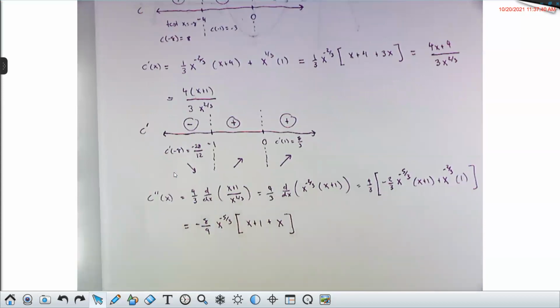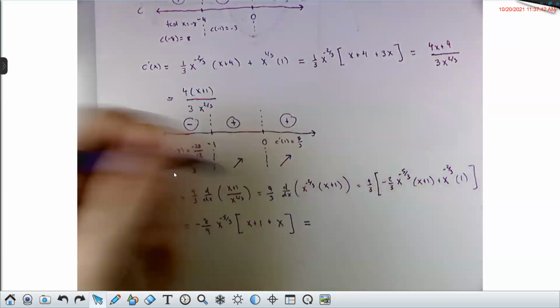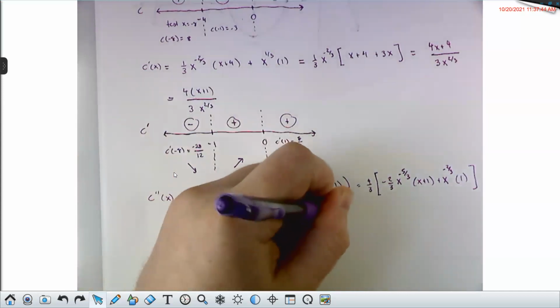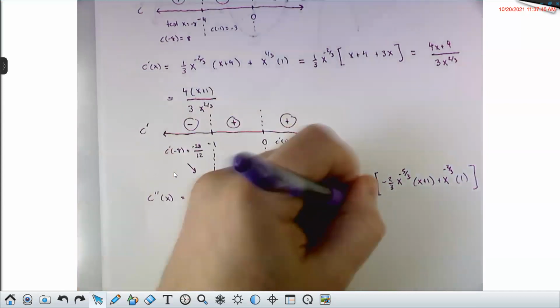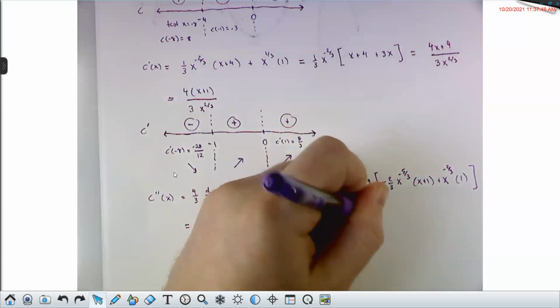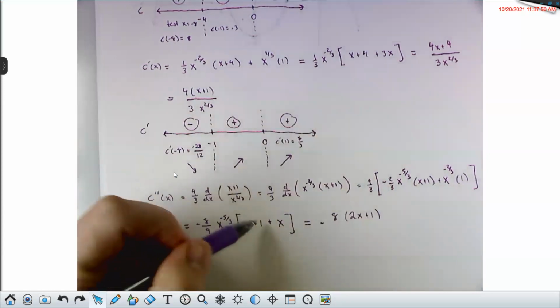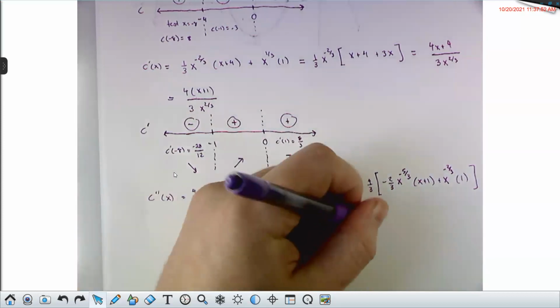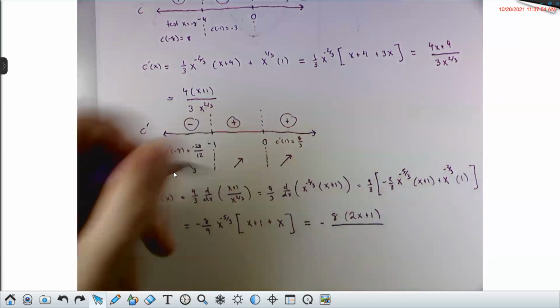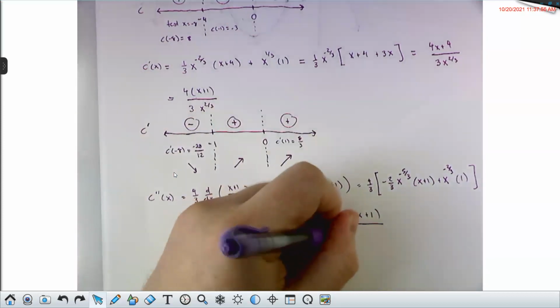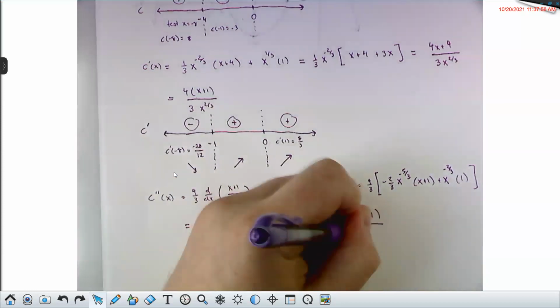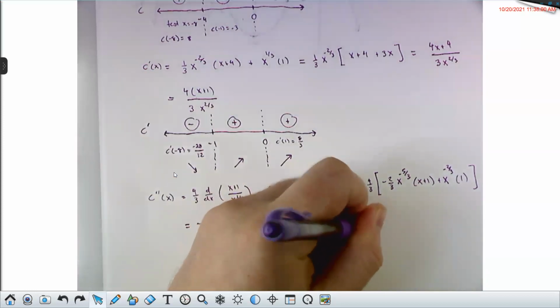So my second derivative is negative 8 times 2x plus 1 from the bracket, x plus 1 plus x, divided by 9 times x to the 5/3, moving it downstairs.